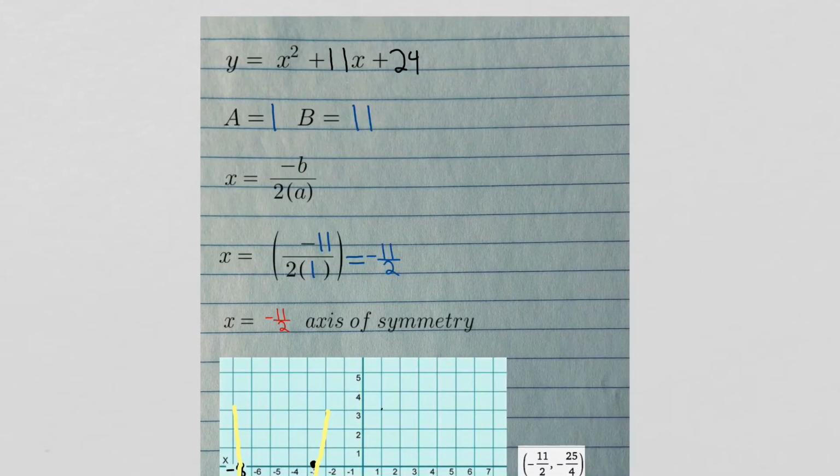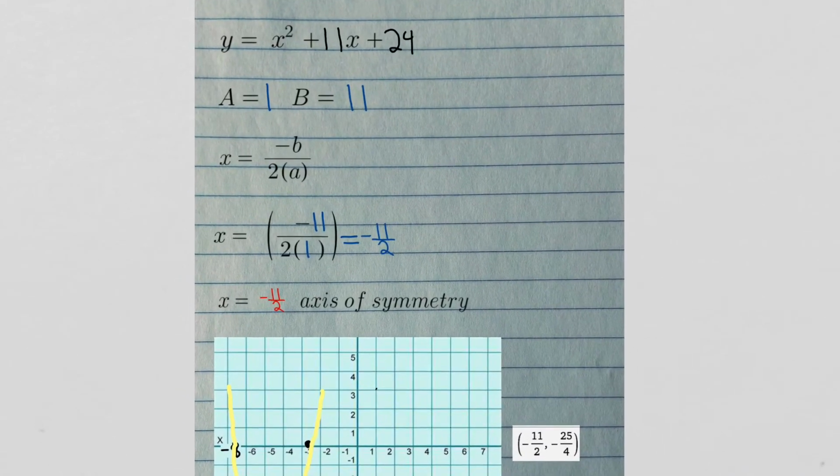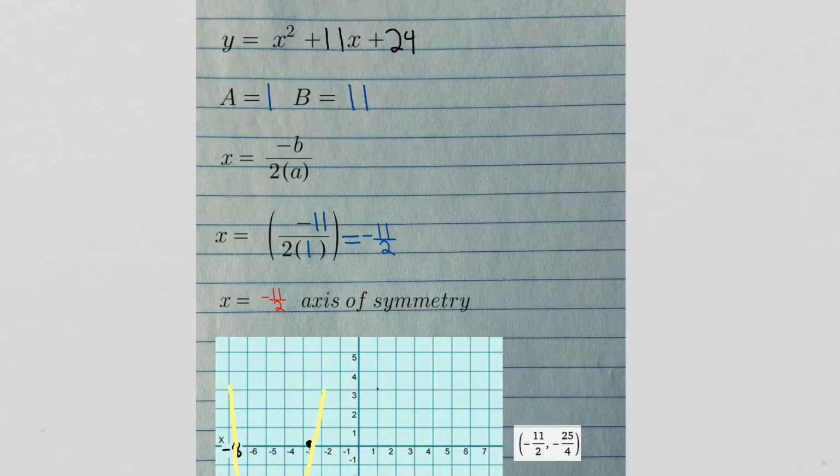So we have x squared plus 11x plus 24. First we identify what a is. In this case, a is 1. Then we identify what b is. In this case, b is 11. So to find the axis of symmetry, we need to plug our values in.